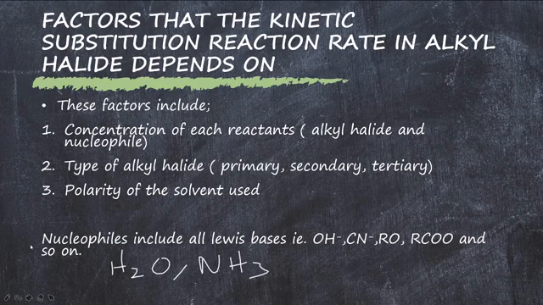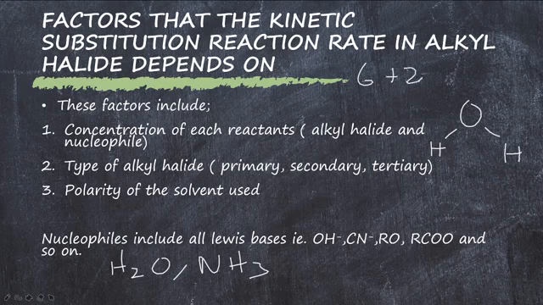If I want to demonstrate, I can use water to demonstrate this. Water is O, H, H. Now we know that the oxygen has 6 electrons in its outermost shell. Hydrogen has 1 electron in its outermost shell. Since there are 2 hydrogens, I have 2 times 1. That's going to give me 8 electrons. In the line bond, there are 2 electrons, 2 dots.